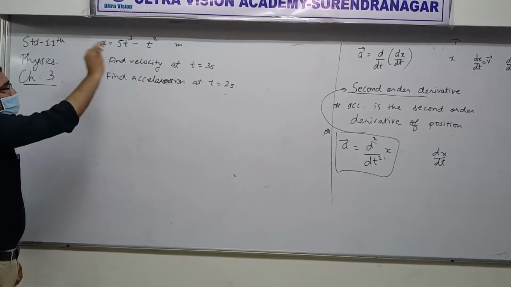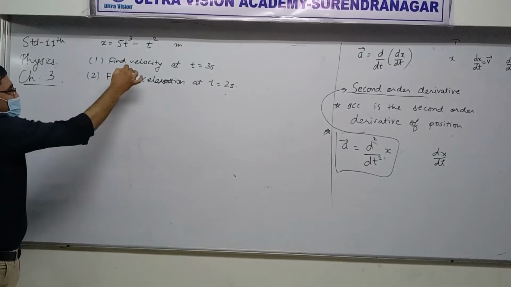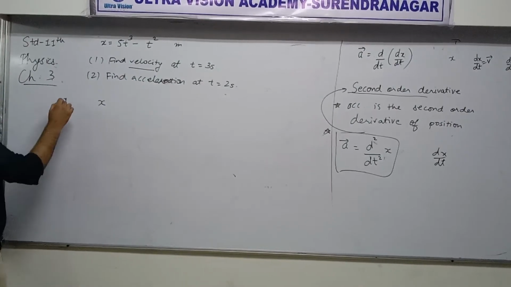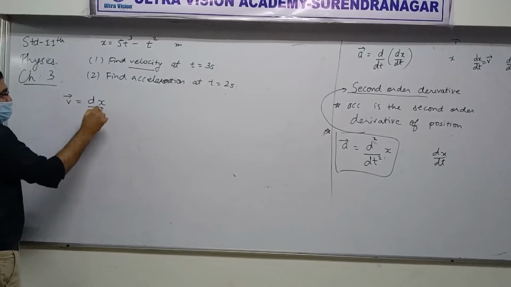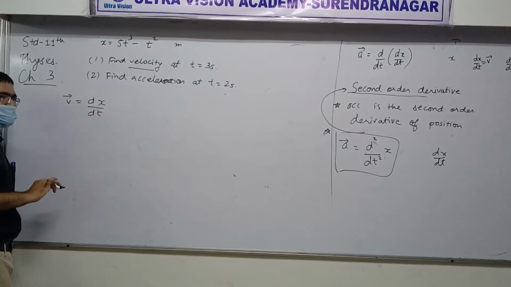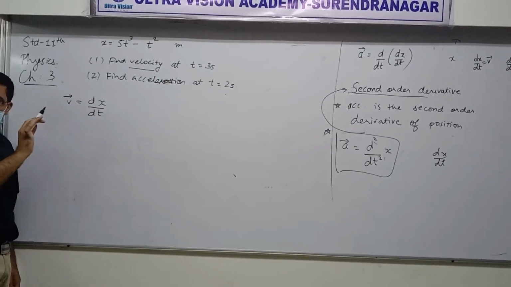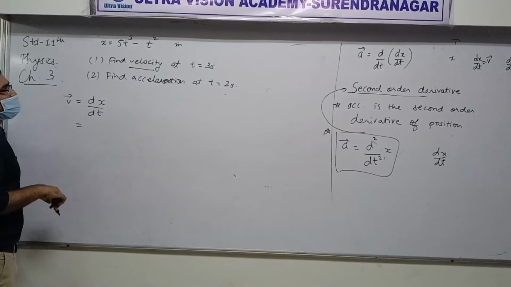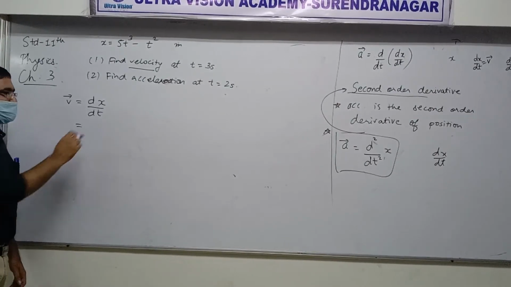X is given, position is given. From position, how to find velocity? V vector equal to dx by dt. Differentiation of position with respect to time. Clear or not? What is our unit? Okay, for differentiation, you have 1 minute.